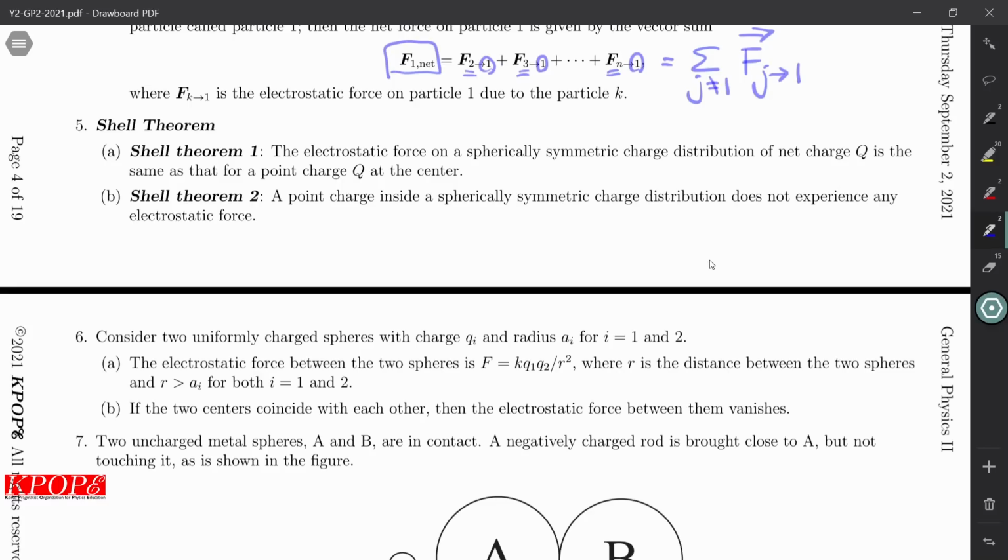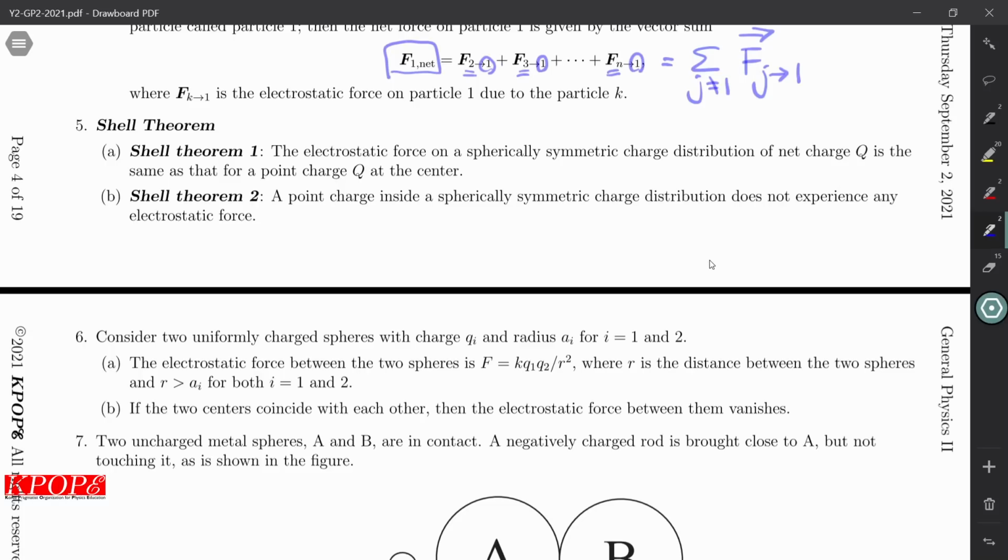So if the mass is distributed spherically symmetrically, then the spherical object experiences force just as if all of the mass were concentrated at a single point.